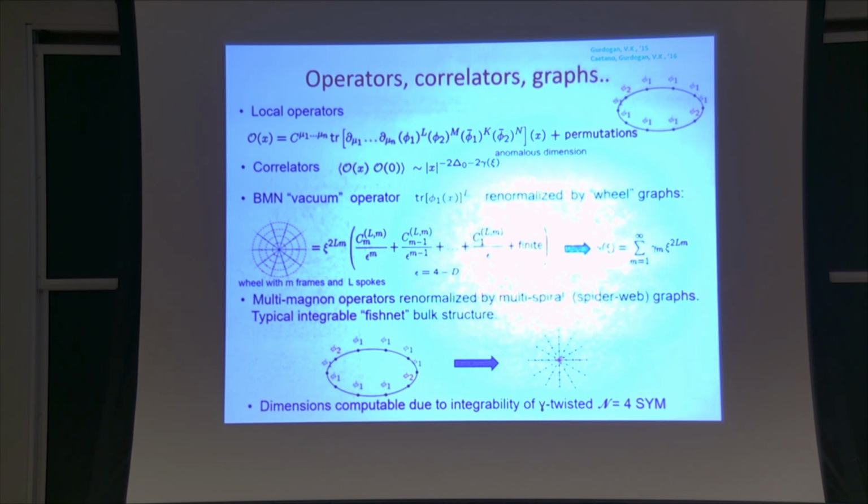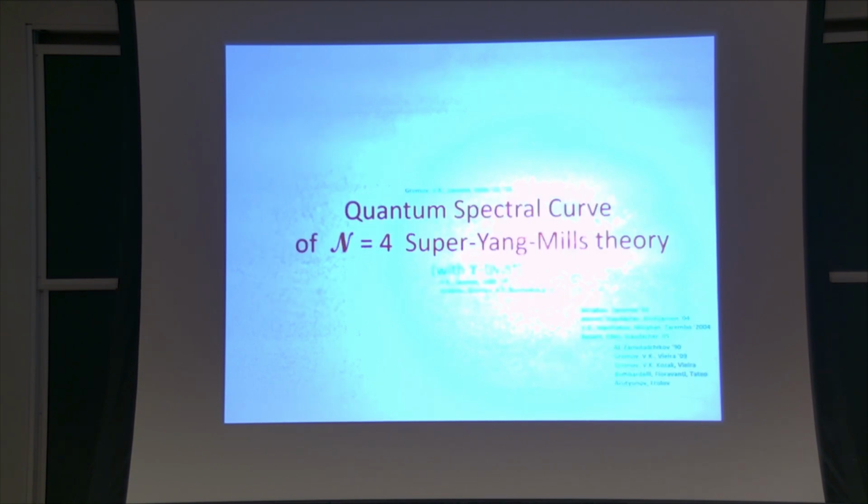I probably will not go to the end of my transparencies, but I still want to present here the ultimate picture of the integrability of the quantum spectral curve, which solves the spectral problem in N=4 super Yang-Mills.